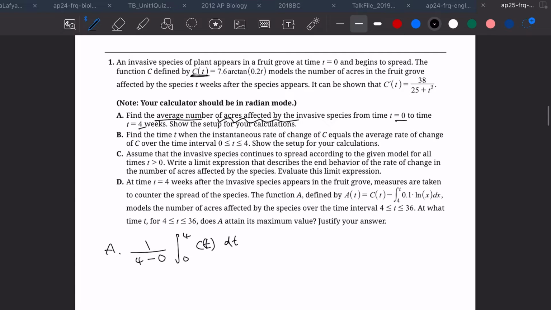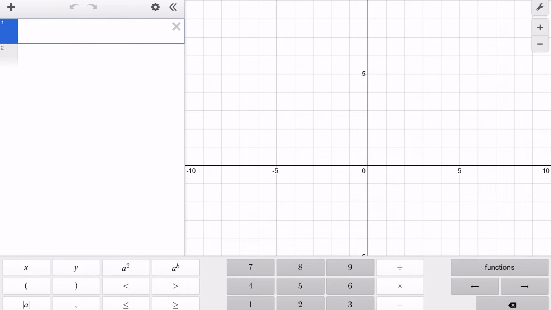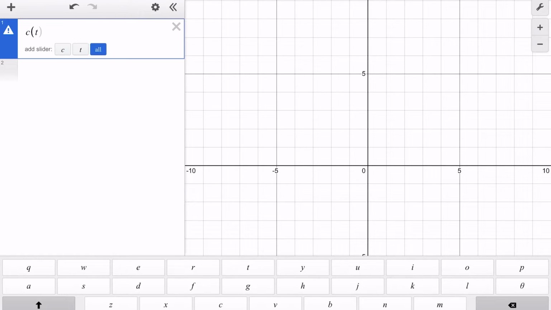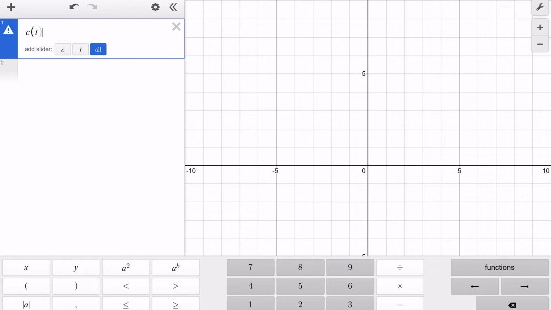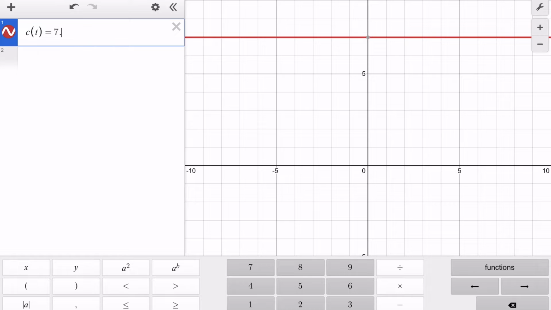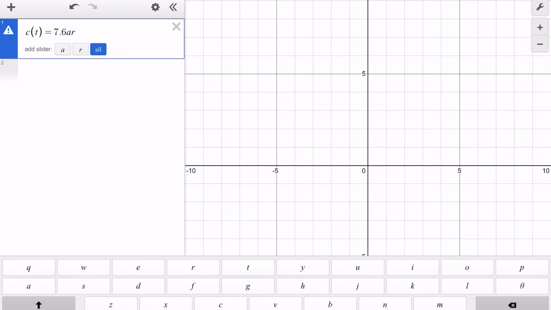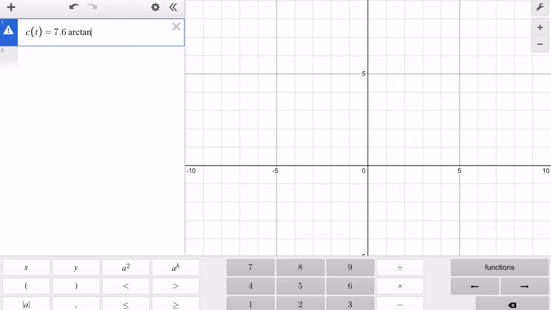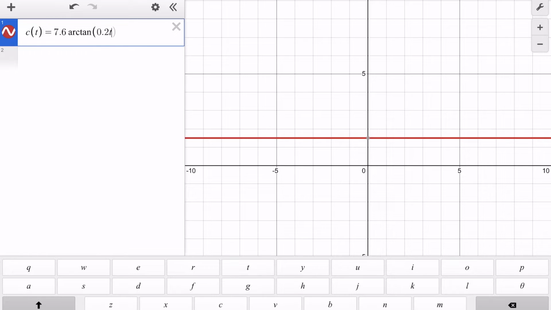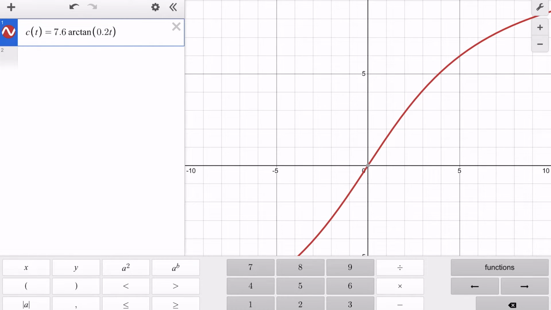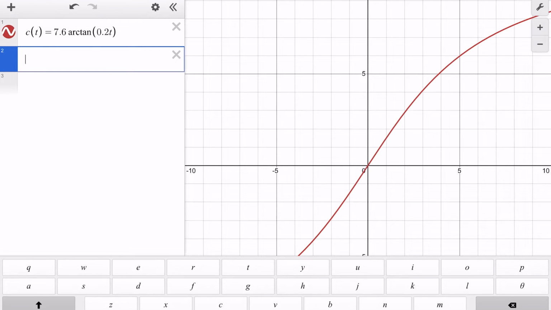Now if we put that in decimals, let's do c of t, which is equal to 7.6 arctangent 0.2x. We can replace t for x. I mean, we wrote t over there, so I guess we have to use t. And then what we were trying to find was the average from 0 to 4.